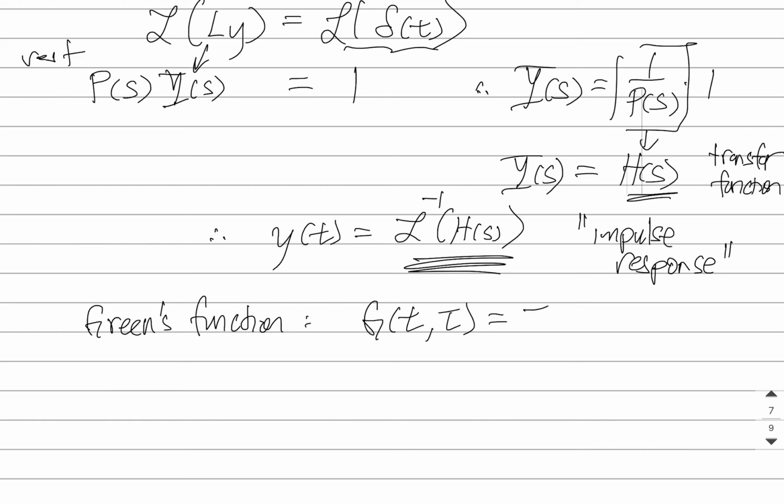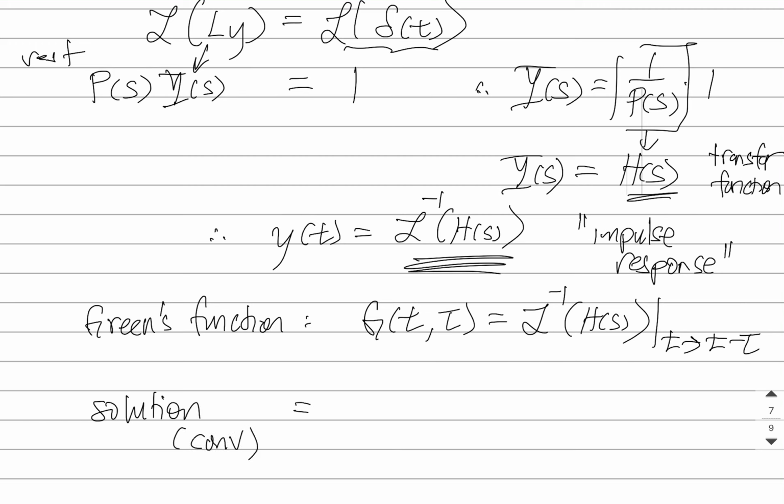It will be the inverse, where t gets shifted to t minus tau. And then the solution, yp, is going to be given by convolution. And so, in general, I'll rewind a step, that gives us the Green's function.